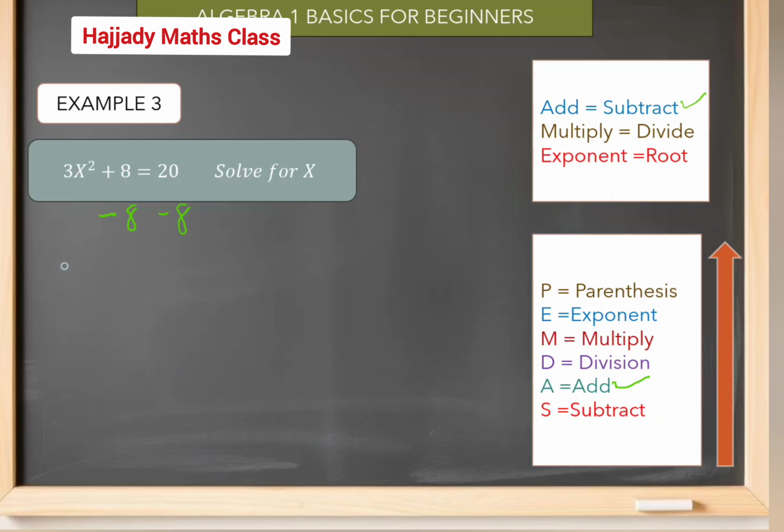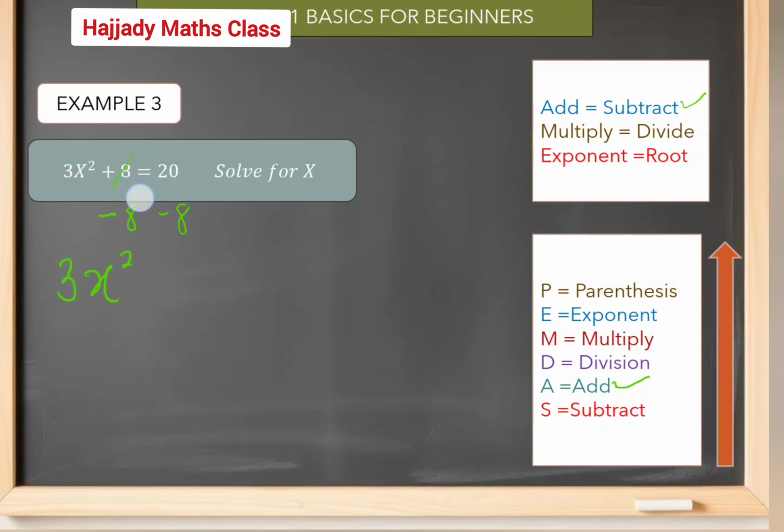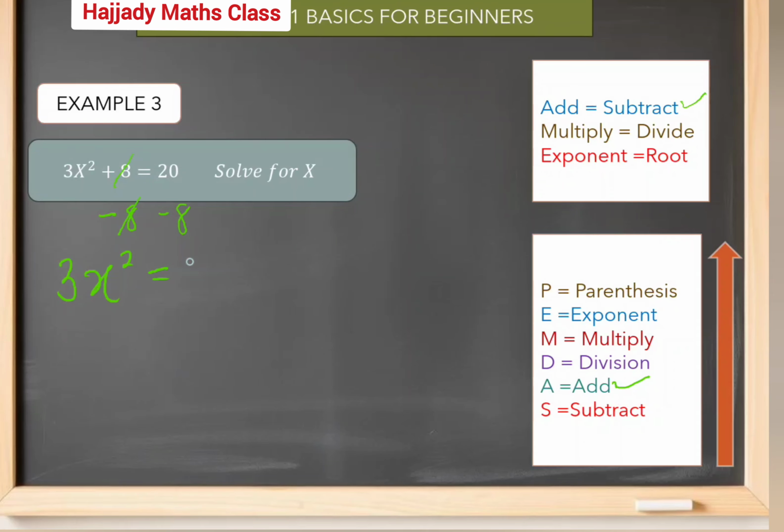And here we have 3x squared, 8 cancels out this 8, equals 20 minus 8 gives 12. That is done. Now, you ask, do we have division? No. Do we have multiplication? Yes, we have.